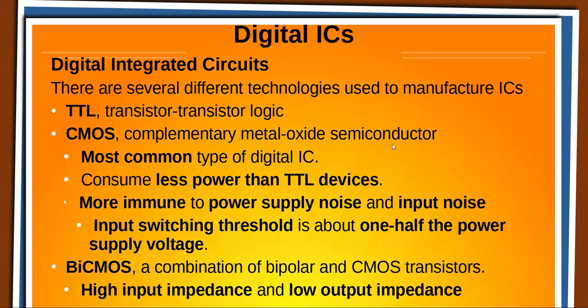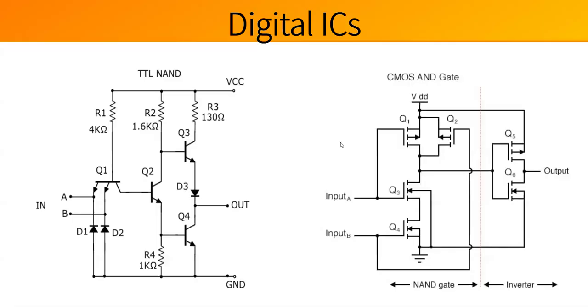So you can have a high input impedance device with a much lower output impedance. TTL devices could supply more current than a CMOS device. And as I recall, the fan out was what, 10 for TTL? At like 1.5 milliamps per, something like that. That's going back a long time.